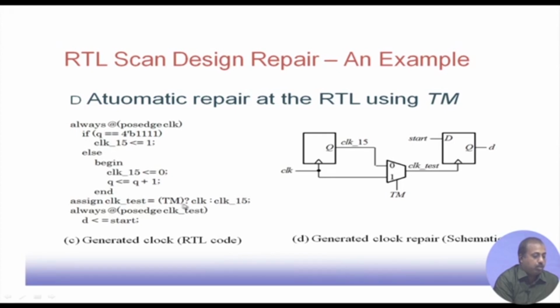If TM is low, then clock test is getting clock 15. So, this is the correction that we want in the circuit. In the RTL level code, this line can be inserted. That is actually the RTL level correction that is done by the RTL repair tool.